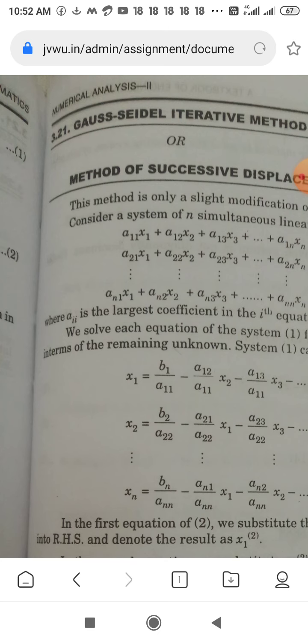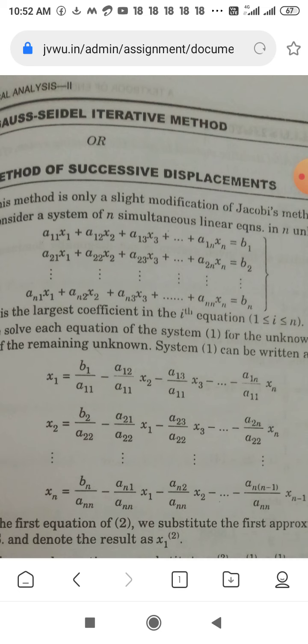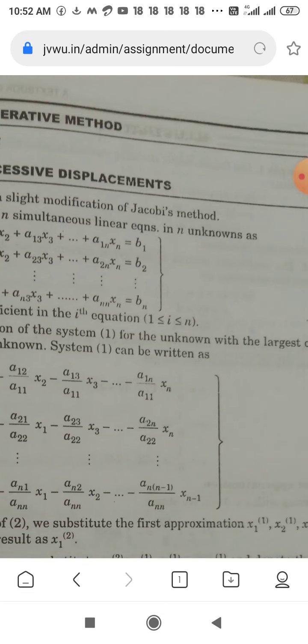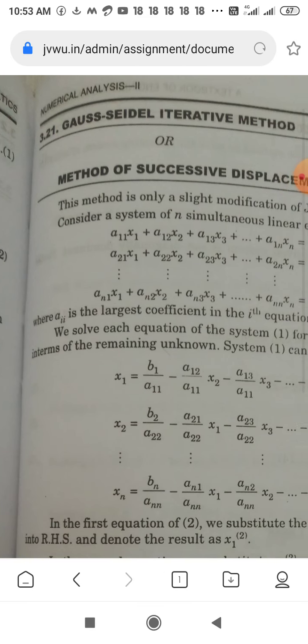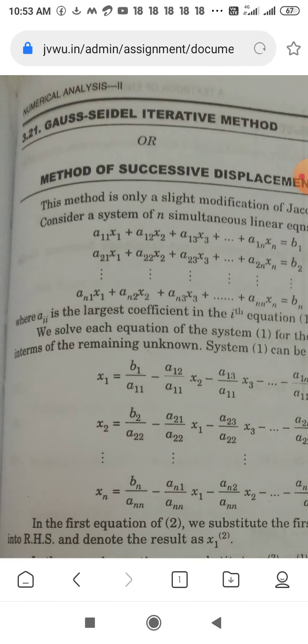We solve each equation of system 1 for the unknown with the largest coefficient, and the remaining unknowns can be written on the right. With the help of the first equation we find x1 and transfer all other terms to the right hand side; on the left hand side there is only x1.